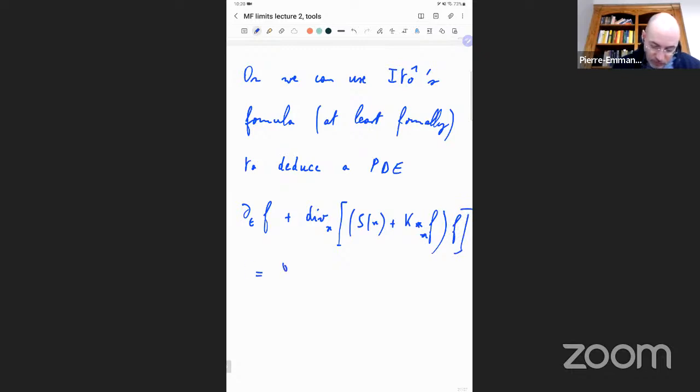And this is sigma_n squared over 2 Laplacian in x of f. And if sigma_n is a matrix, you should replace this by sigma_n sigma_n transpose times the second derivative. And this is our mean field limit.